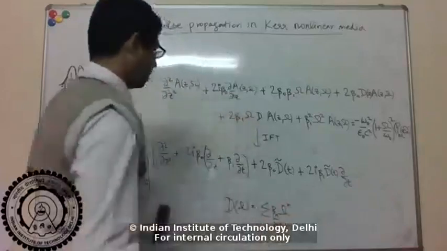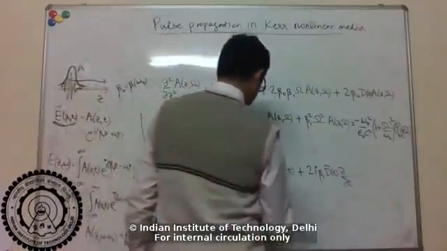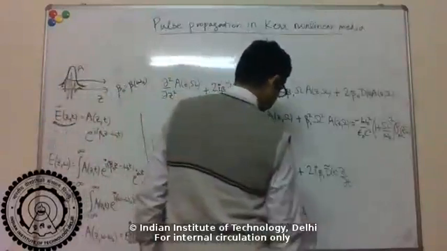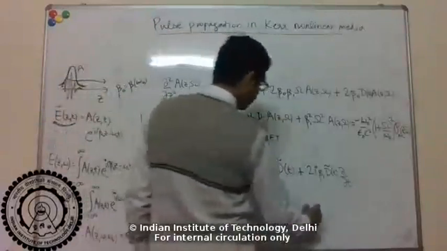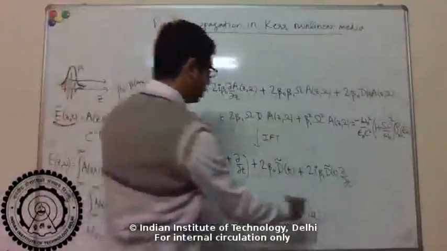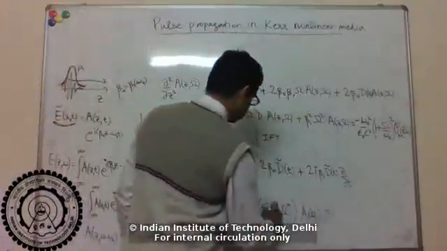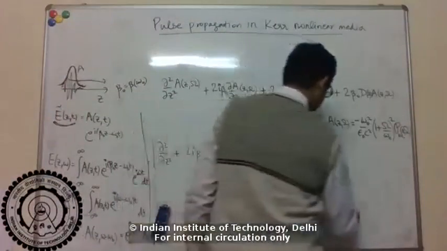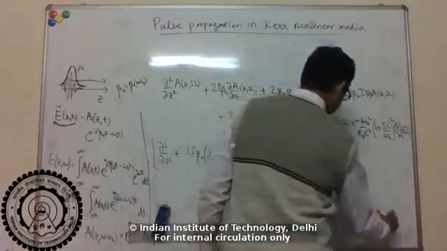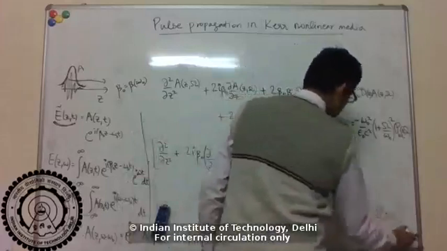When you operate D on A of omega, you multiply this with A of omega. This goes from 2 to infinity. So the first term you get is omega squared A of omega, the next term will be omega cubed, and so on.